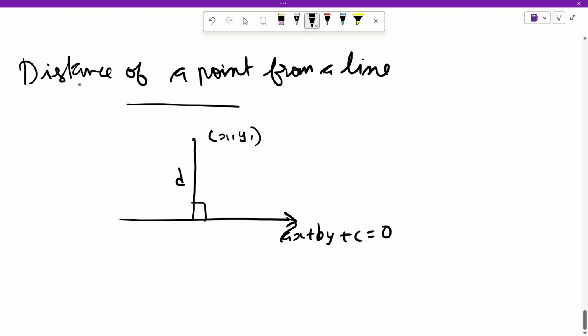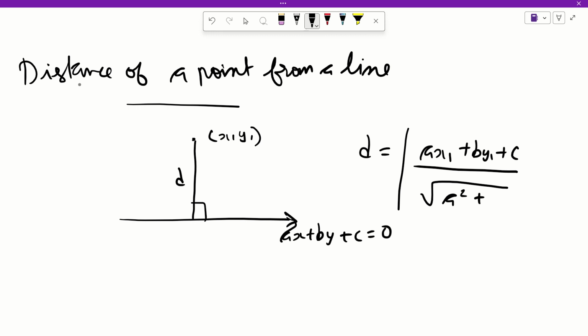So what is the equation? D equal to modulus of (ax1 plus by1 plus c) divided by root of a square plus b square.